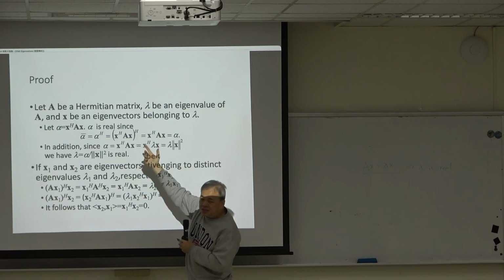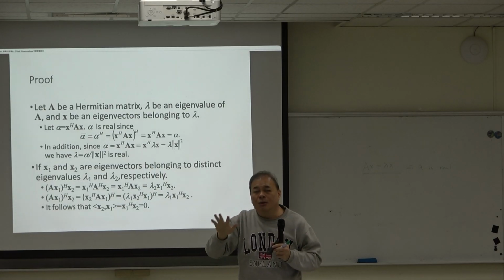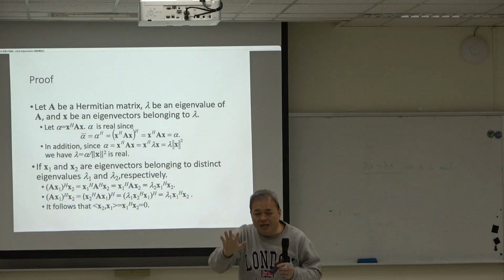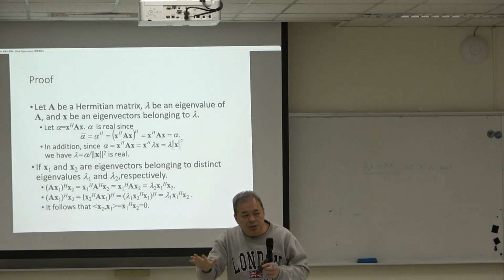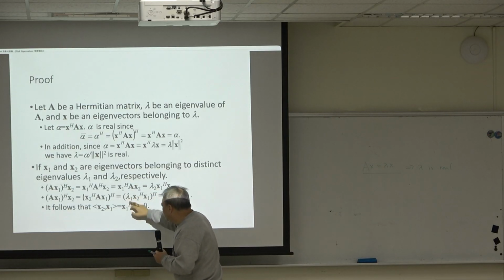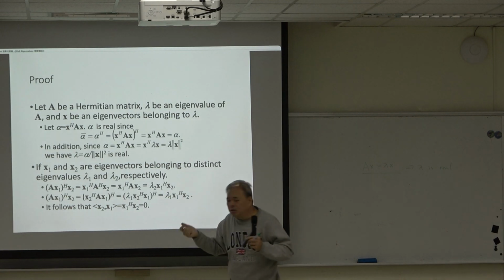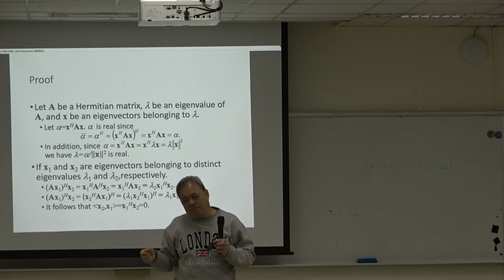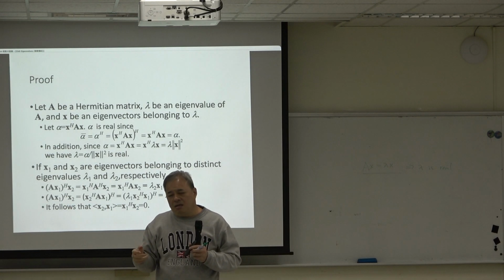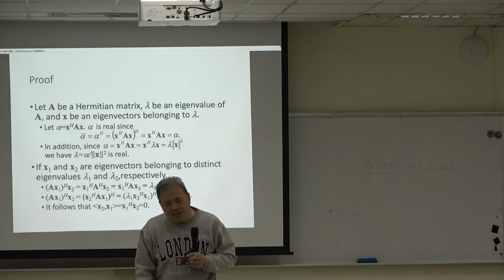Remember previously we already showed all the eigenvalues are real, right? So you can get this real number out from the H, because you don't need to do a conjugate. The conjugate of a real number is still the same.